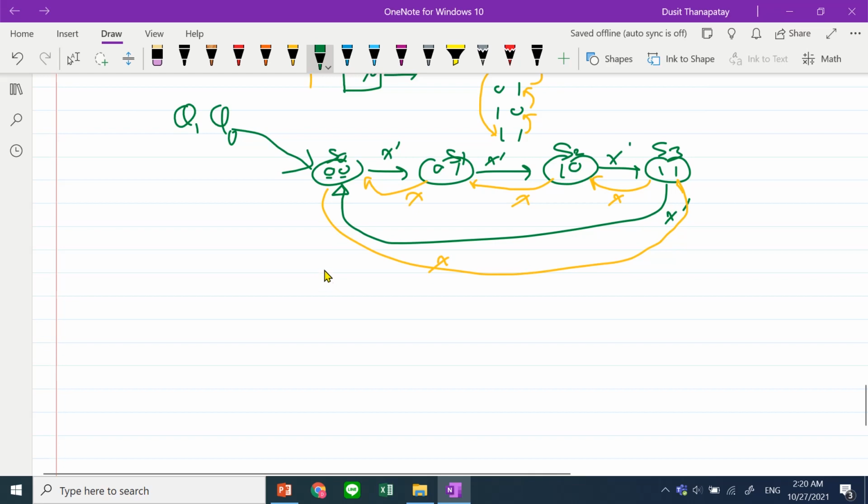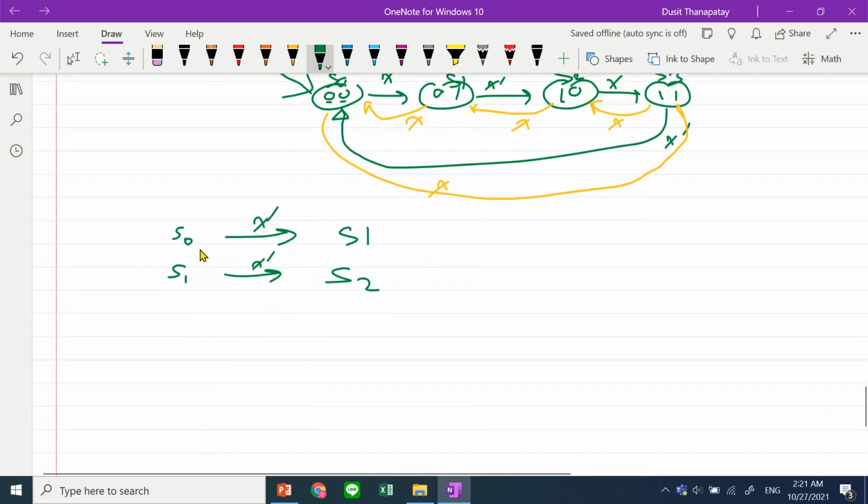Now state S0 changes to S1 by the condition of X prime. Then write this arrow, and this arrow is S1 to S2. The condition is X prime, something like this. You just list all of these.